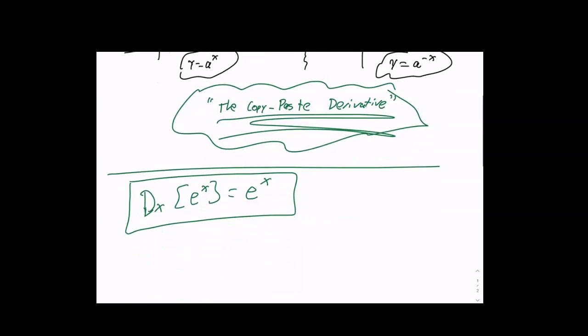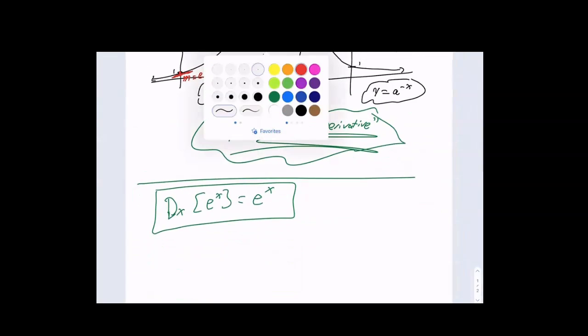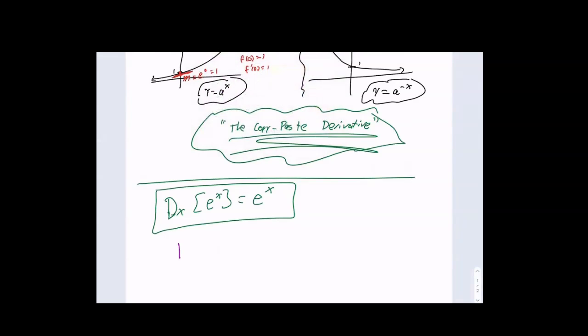And more importantly, the chain rule version, now that you got a taste of the chain rule version, what is going to be the derivative of e to the u? Remember, it's copy and paste.